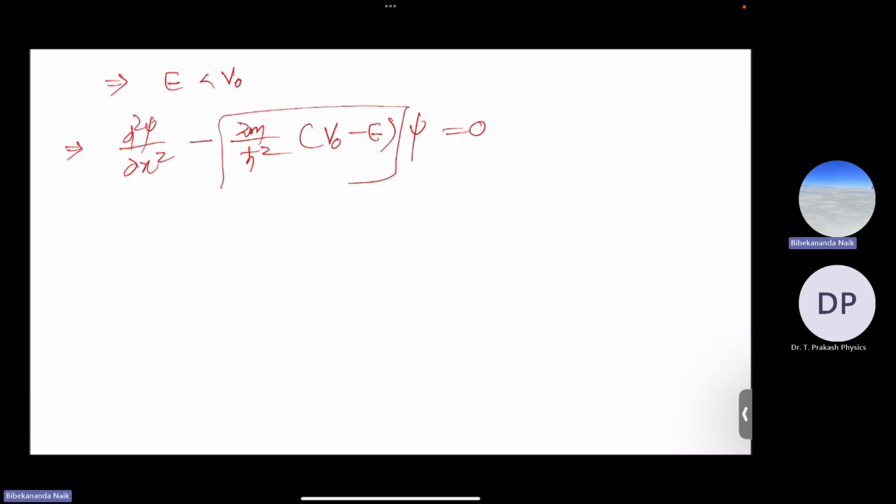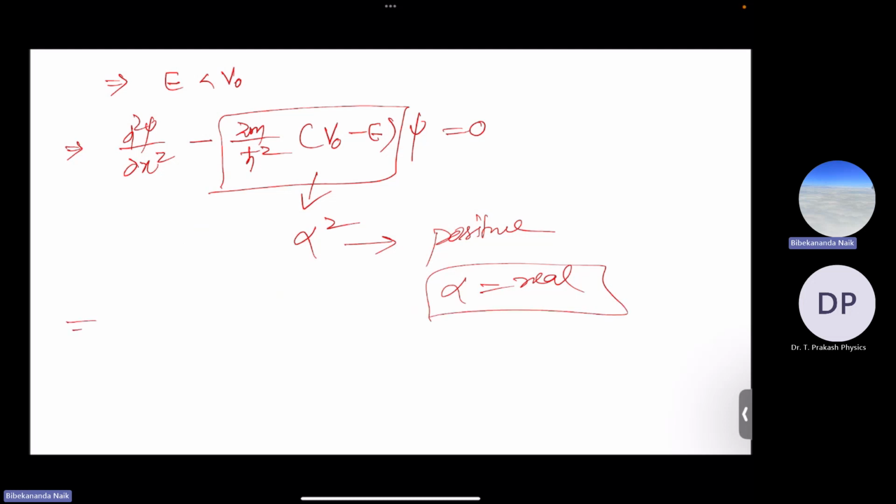Now this is a positive quantity because V0 is greater than E. So let this quantity be alpha square. If we take this quantity as alpha square, then it is positive, so alpha will be real. If the quantity had been negative, then alpha would have been imaginary.